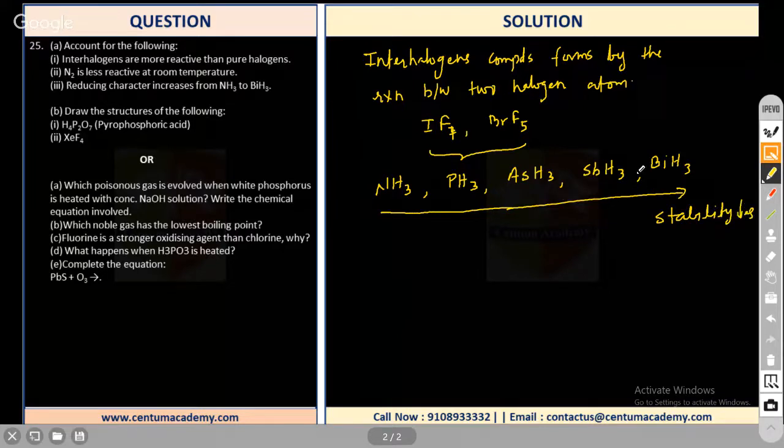As size increases, bond length increases. That is the reason you are saying, right? So stability decreases, and hence reducing nature increases in this case, right? So NH3 is the most stable hydride and has the least reducing nature.